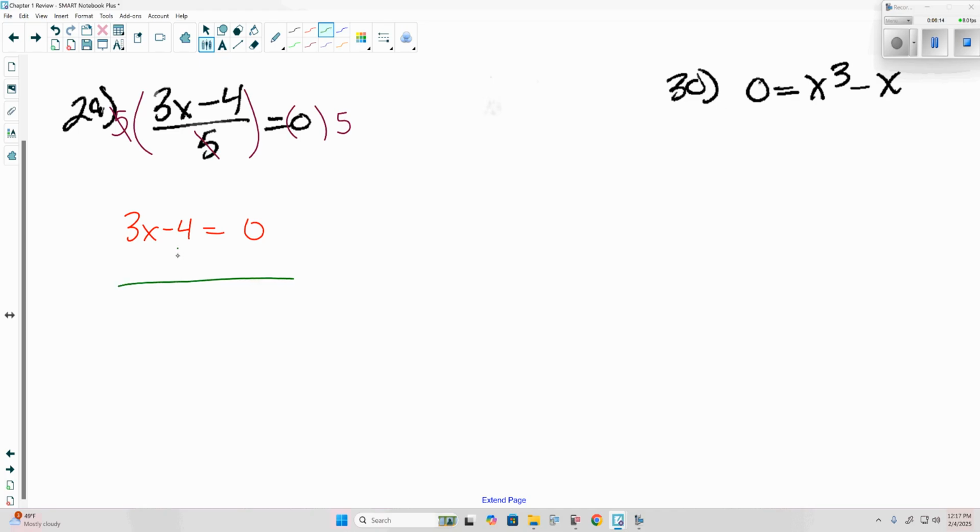At this point, we can solve for x by adding 4 to both sides, telling us 3x is equal to 4. Divide both sides by 3, telling us x is 4/3. Questions on this here?